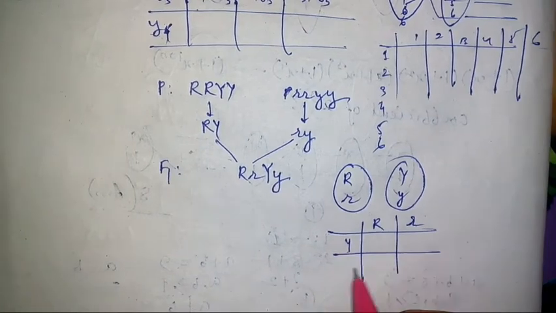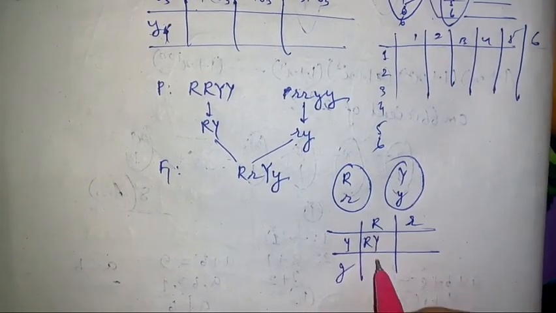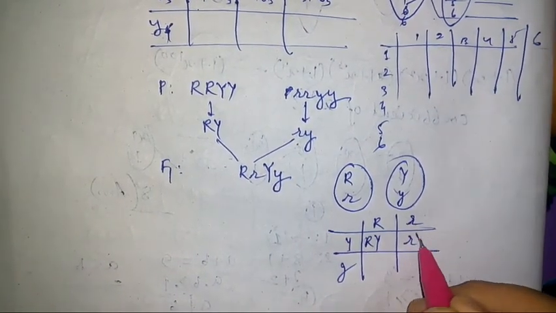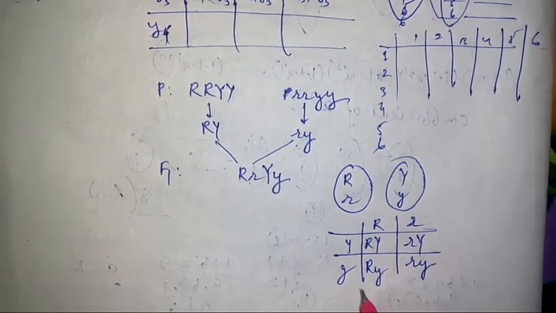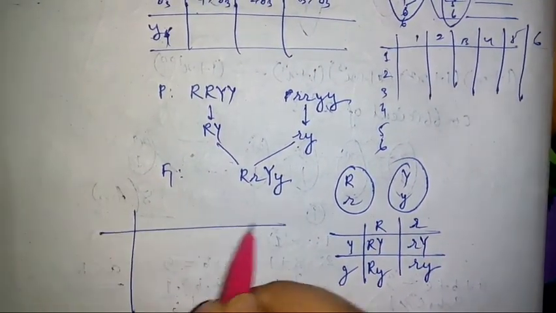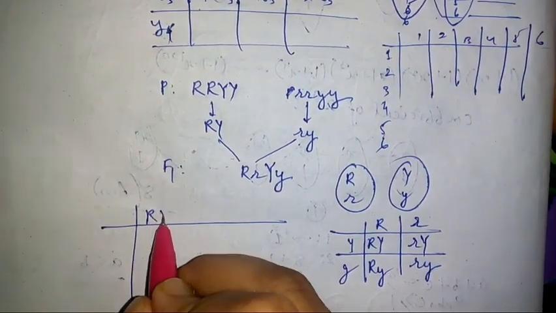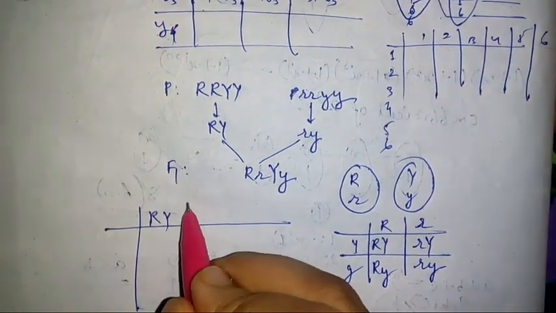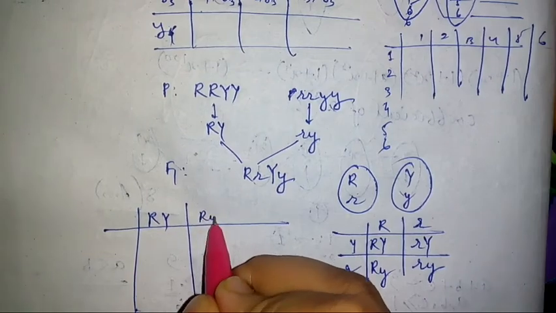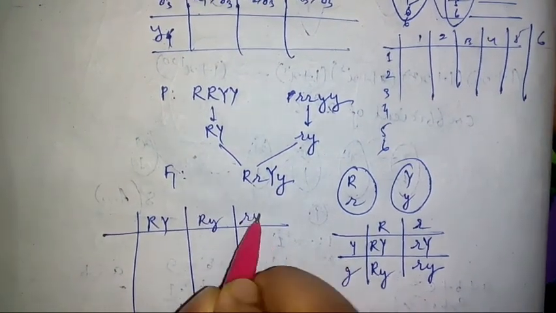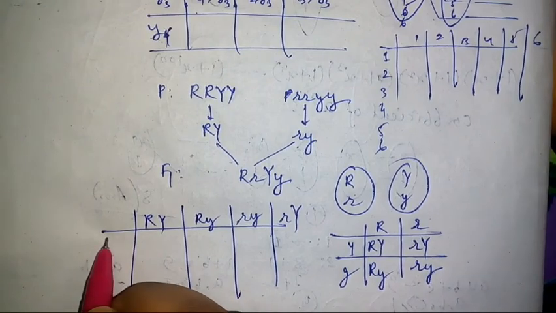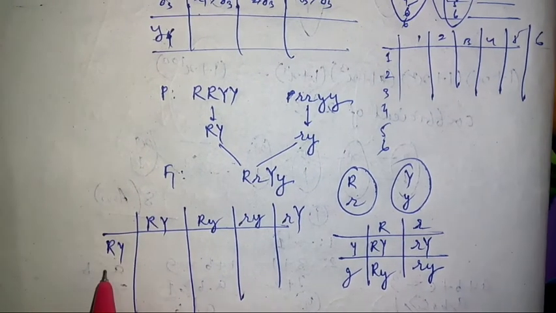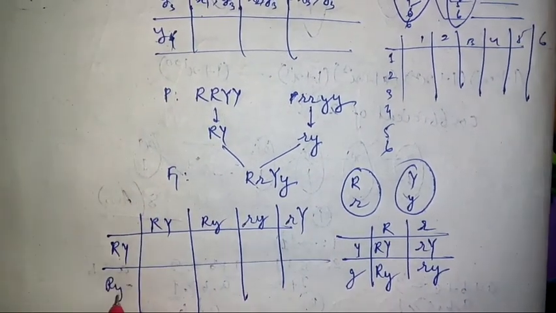So we get capital R capital Y, small r capital Y, capital R small y, small r small y. So these are the possibilities, and then we will write all these possibilities in this direction, and we will also write them in this direction.